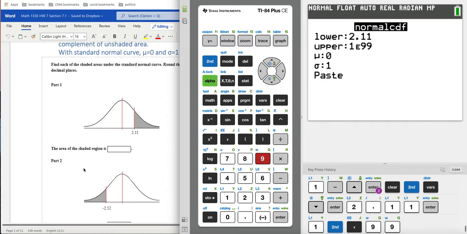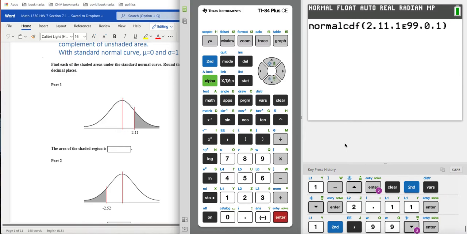Because all of section 7.1 is referring to the standard normal curve, you keep the mean at 0 and the standard deviation at 1, and that's what a standard normal curve is by definition. Then, like with the binomial one, you do the paste. It'll show it to you with the parentheses around it.